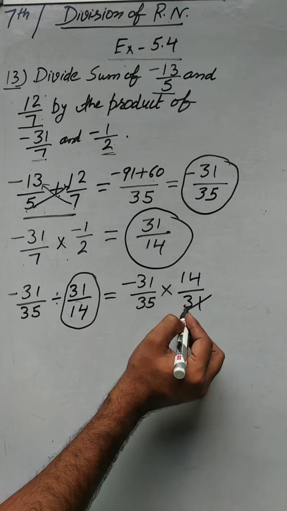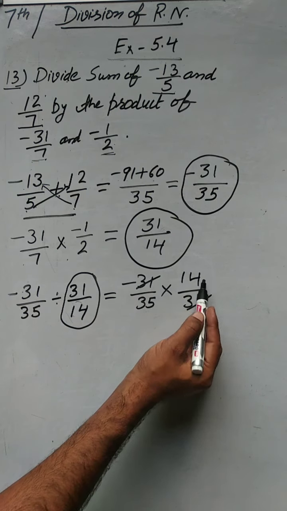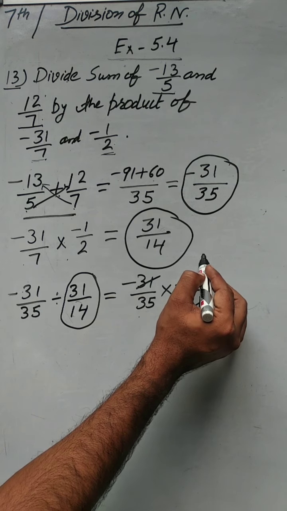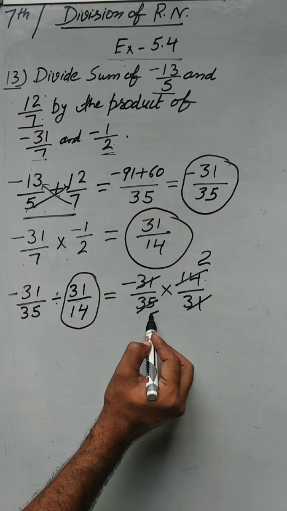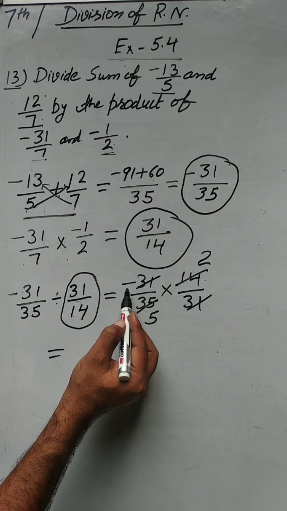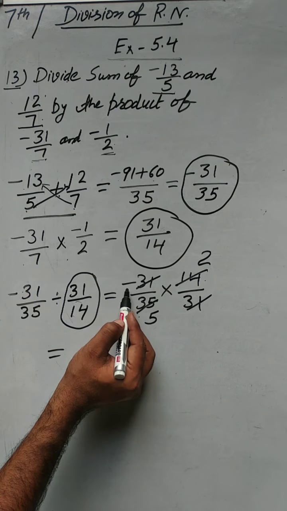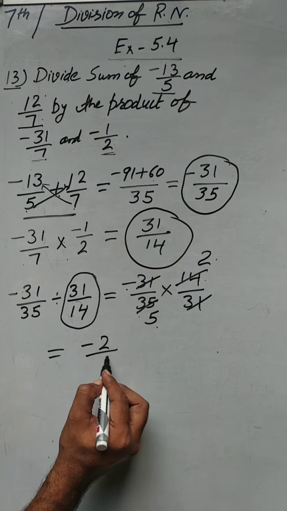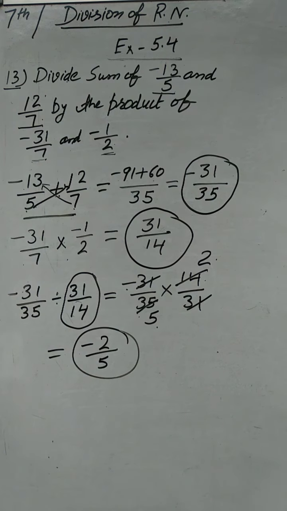Okay beta, 31 cancel with 31, 14 and 35 we can cancel on the table of 7. 7 2s are 14, 7 5s are 35, and sign will be of minus. Minus 1 multiply 2, minus 2 upon 5. This is your answer. Understood beta? Very easy. According to the statement you have to proceed.